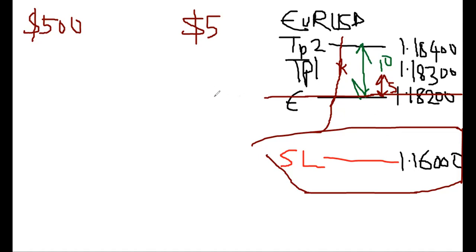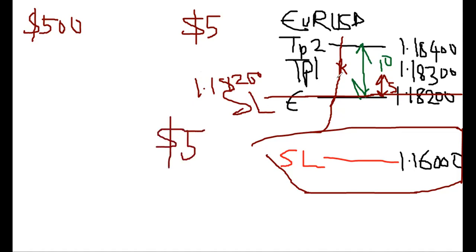Your stop loss will now have a new value, the value of the entry point, which is 1.18200. You know what this means? If you earned $5 previously, and this trade now goes further to hit TP2, glory be to God, you have earned an additional $10. So it means you won $15 in that market.